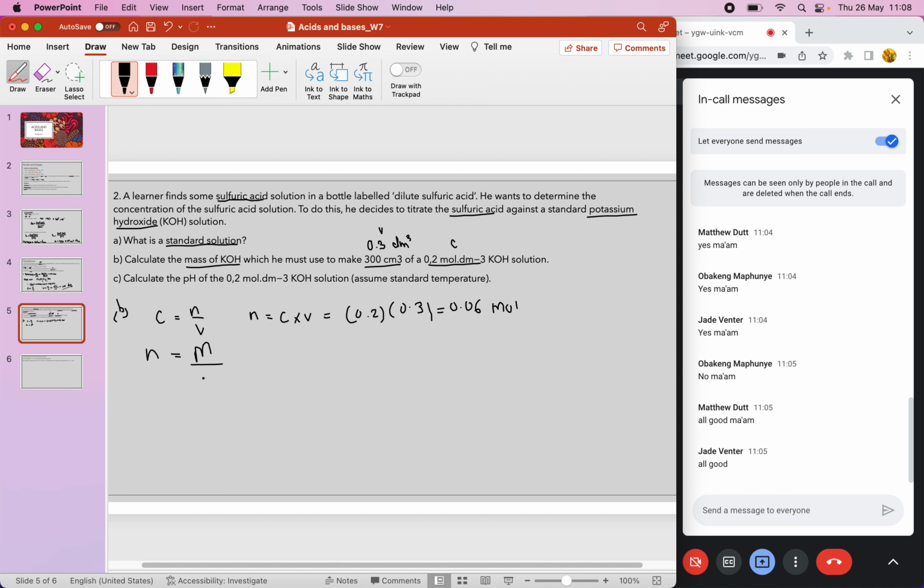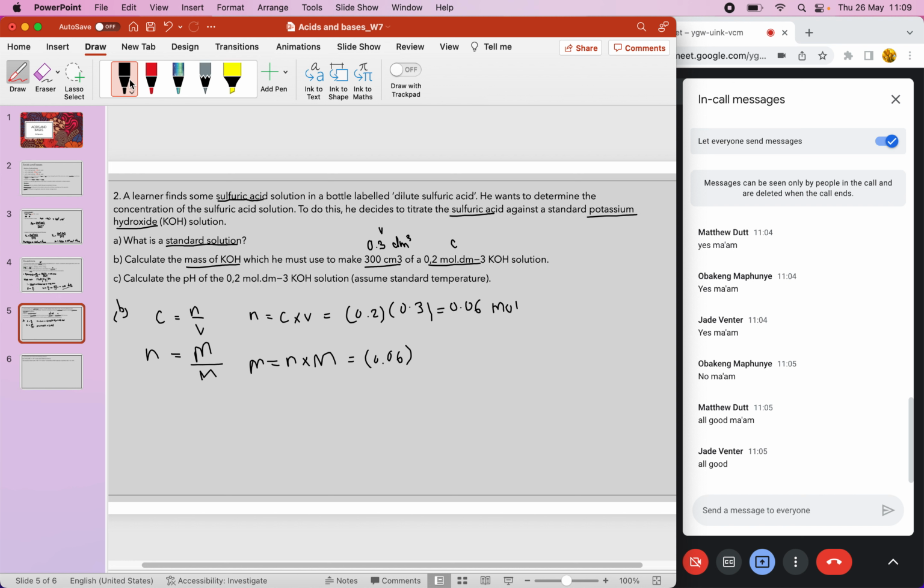No, the mass. You can calculate the mass by making the mass the subject of the formula. So you will have the mass equal to the number of moles times the molar mass. The number of moles is 0.06, times the molar mass of potassium hydroxide.